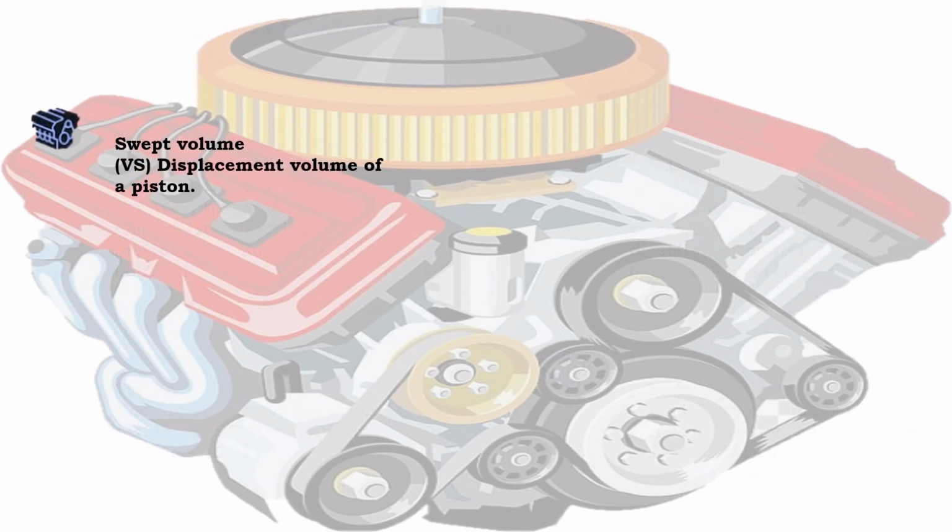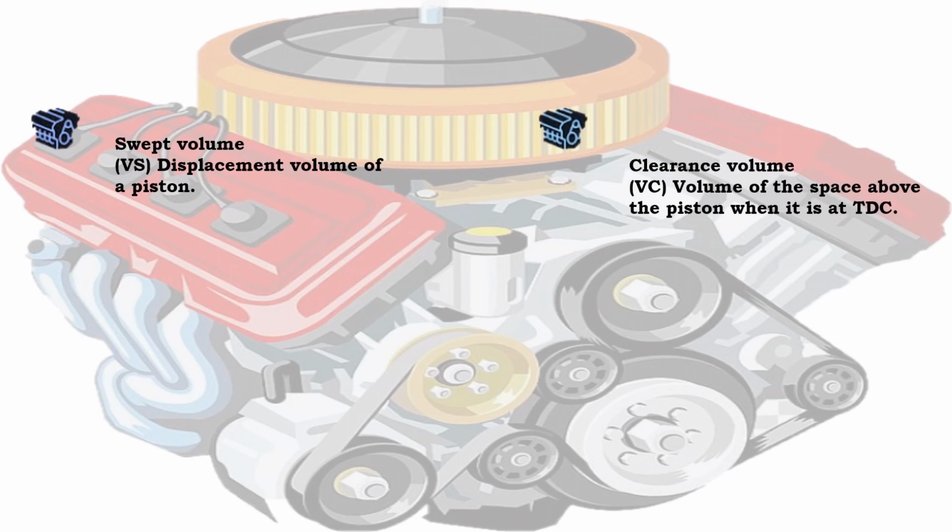Swept volume, VS: displacement volume of a piston. Clearance volume, VC: volume of the space above the piston when it is at TDC.